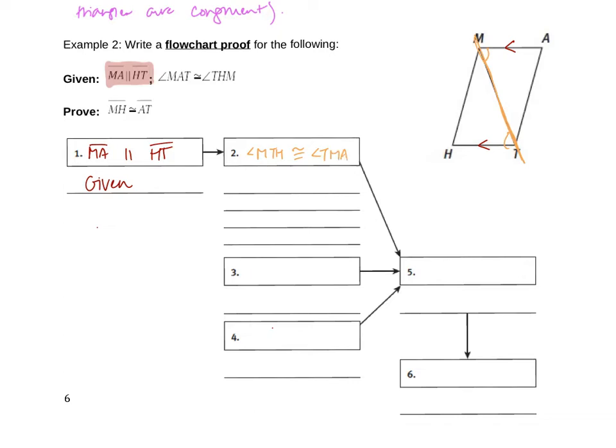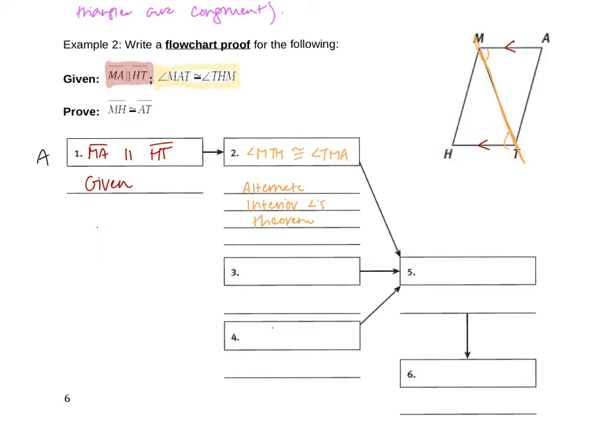And we knew that was through our alternate interior angles theorem. Okay, so that way we were able to prove that we had an angle. So sometimes I like to put what letter it is out to the side here so I can keep track of that. All right, let's look at what we have next, maybe one of our givens.